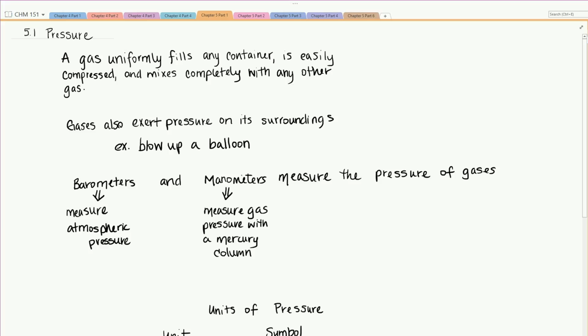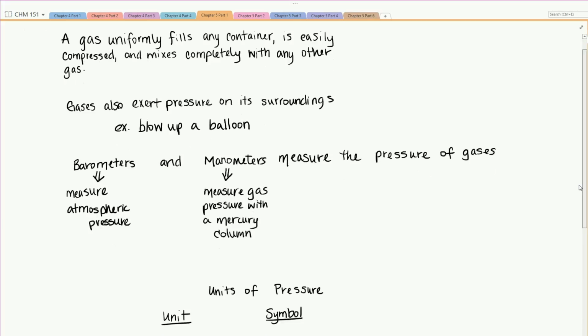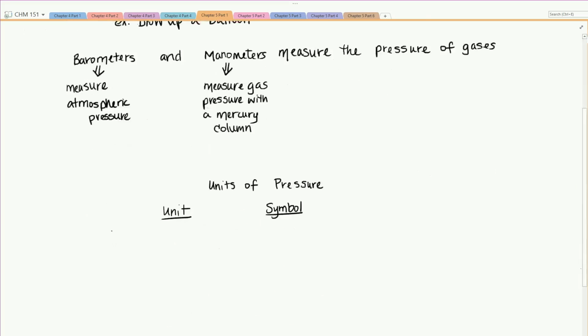Okay, so because of manometers, the most common unit for pressure is the millimeter of mercury, which is abbreviated with a lowercase m for millimeters and Hg, which is the element symbol for mercury.